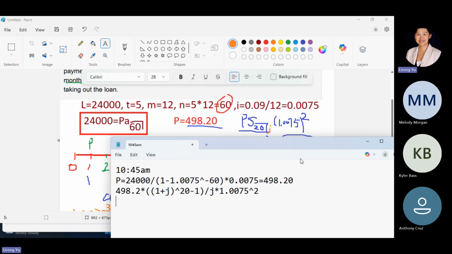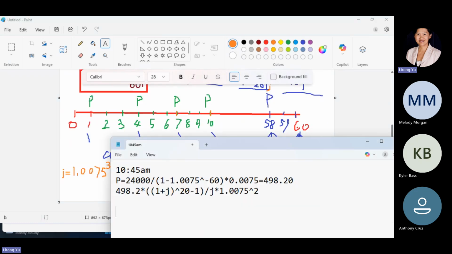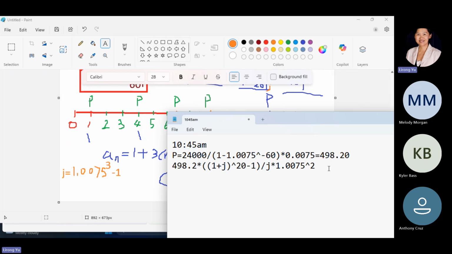Now we have to pay attention to the J here, because if you want to finish your calculation, you need the J. So what was the J relation? J is equal to 1.0075 to the power 3 minus 1. That is saying that J plus 1 would equal 1.0075 to the power 3.